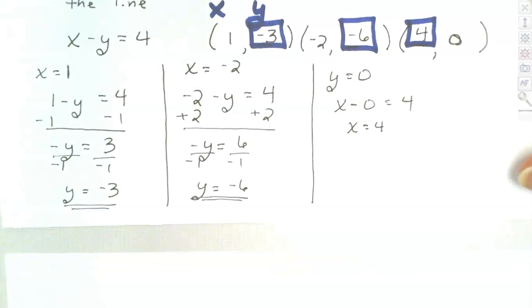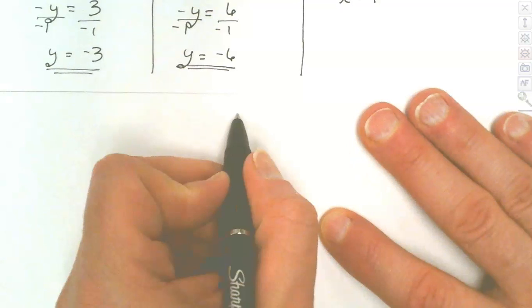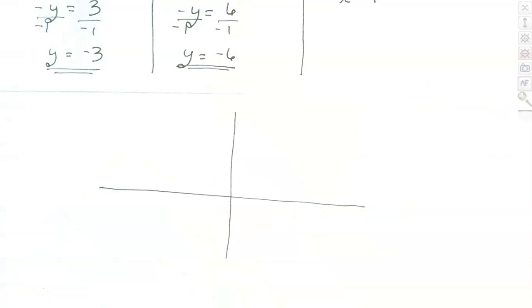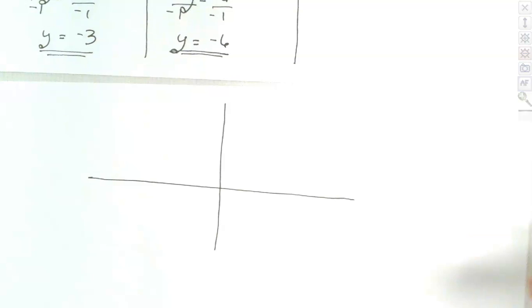These should make a straight line. So let's go ahead now and plot our ordered pairs. On your homework, you've got graph paper. So yours will look a little bit neater than mine. Mine are just kind of difficult to graph because I don't have a piece of graph paper. I'm just using unlined paper. So let's start with 1, negative 3.